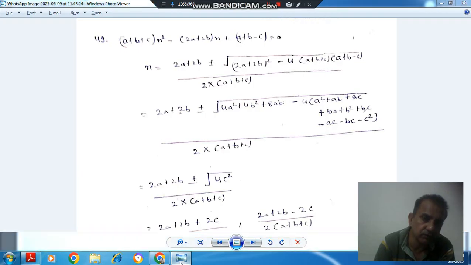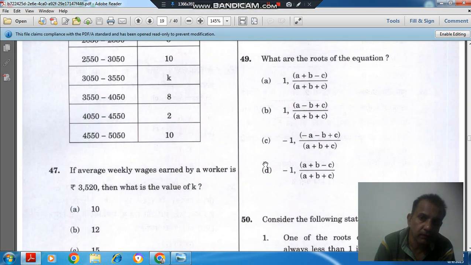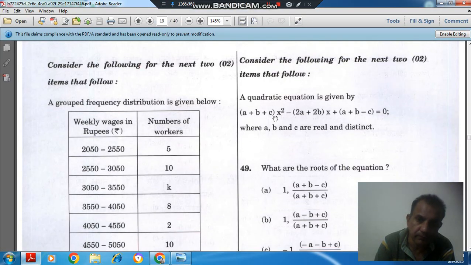So here for question number 49, we have this quadratic equation.